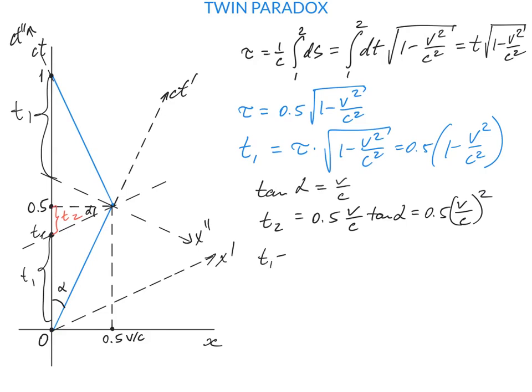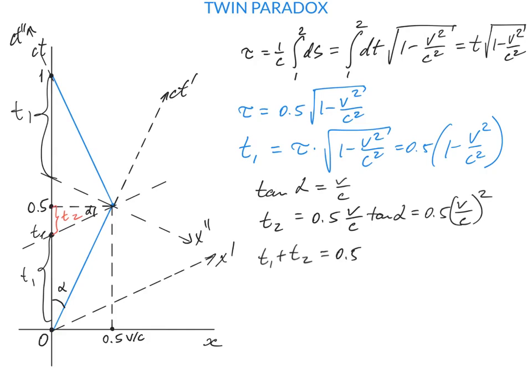Now then, T1 plus T2, taking Alice's calculations, T1 here is 0.5 times 1 minus v squared over c squared.